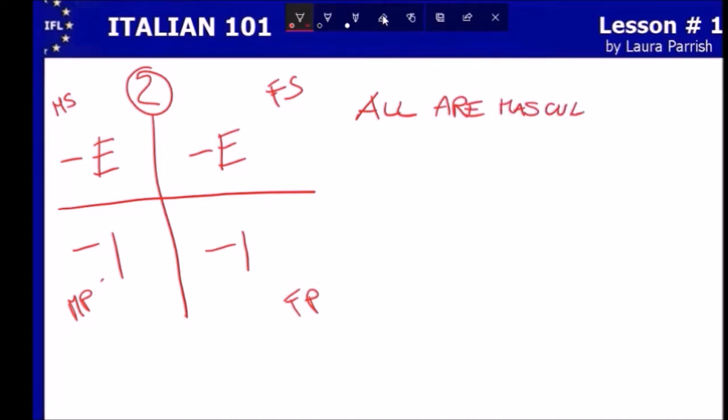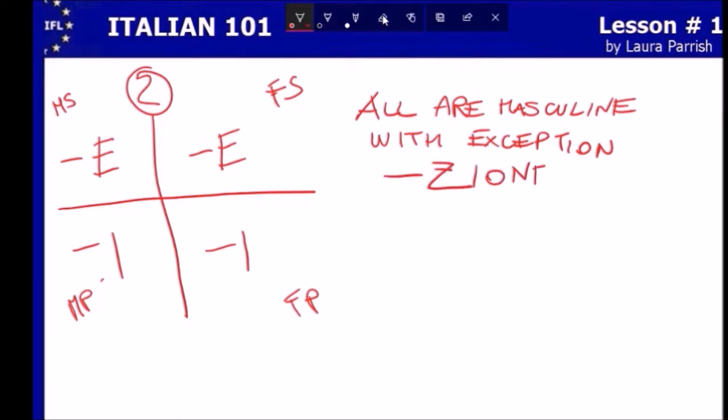It is a trick, not a rule, so it doesn't work 100%, but let's say 90%. All words in this pattern are masculine, with the exception of the words that end in zione. Let's make an example.